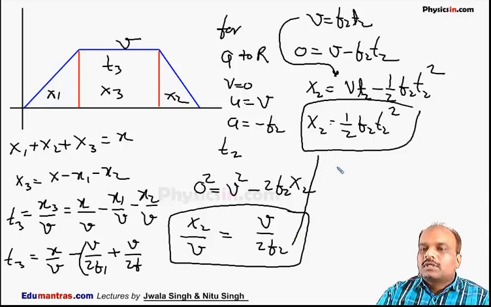Now the total time of journey, that is t, is equal to t1 plus t2 plus t3. Now I know the value of t1 from the previous expression.